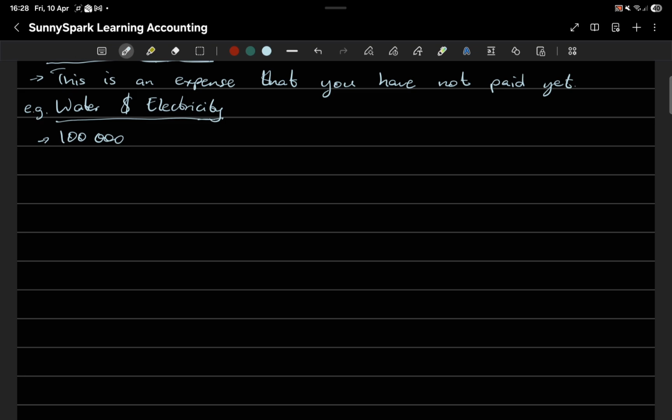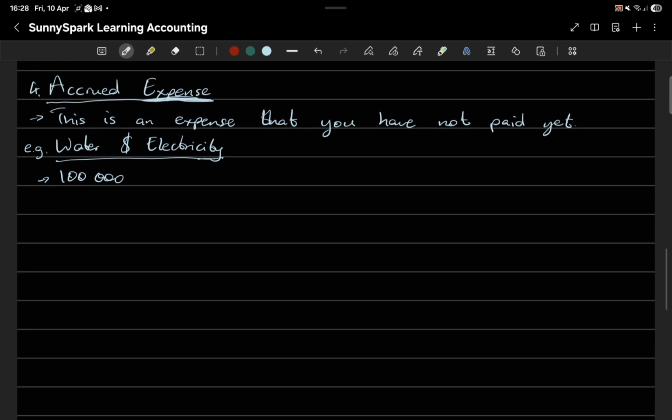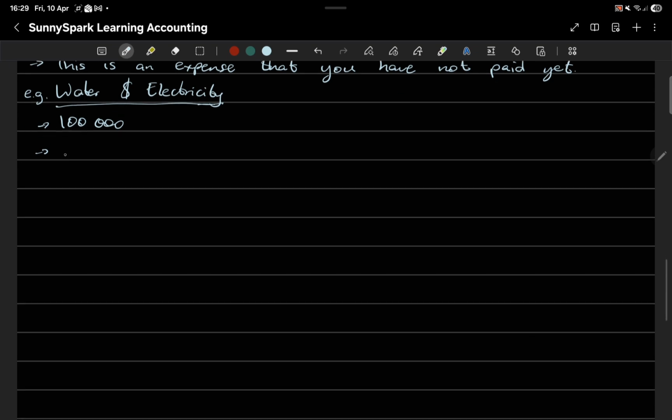But at the end of the year, you have found out that you haven't paid the full amount of money. Let's say you only paid 80,000. It means for you to say you have settled your whole year water and electricity bill, which is 100,000, you have to pay the whole 100,000.